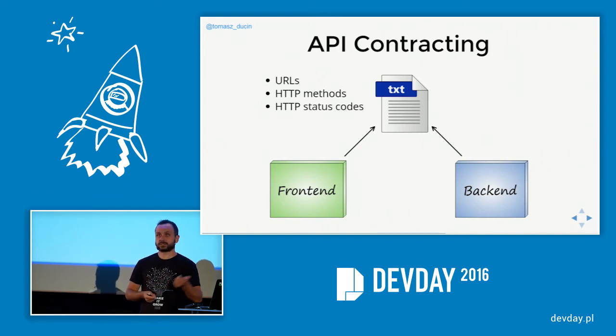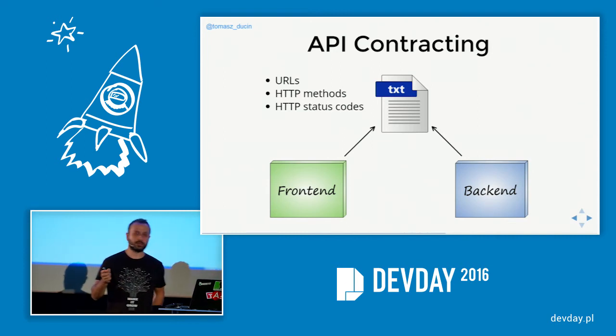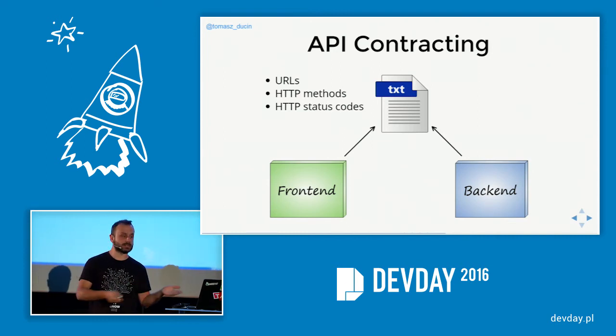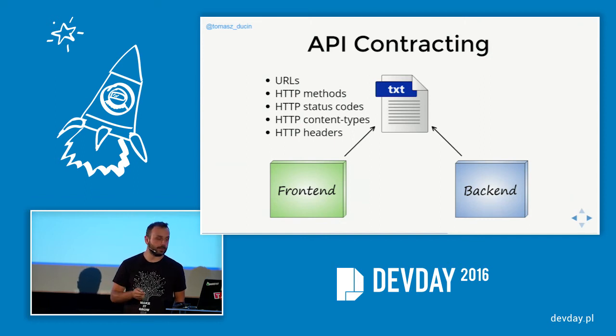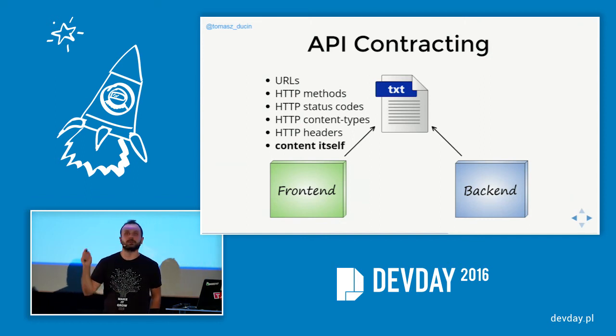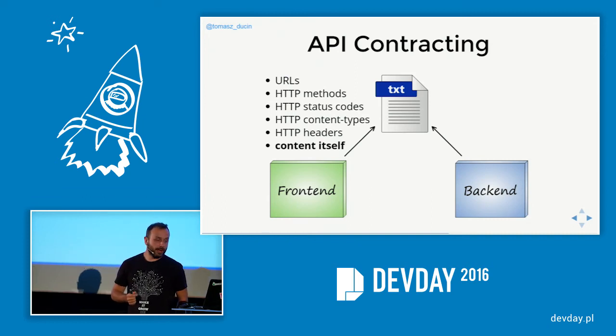HTTP status codes, so 200, 404, 401, 403, 500, when do they happen and what does that mean? Content types like JSON, HTTP headers, if we create any kind of custom headers for our application, and finally the content itself, so the JSON schema that we have just defined before.